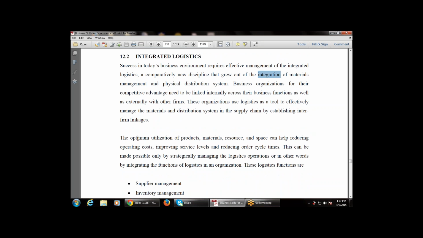So the optimum utilization of products, materials, resources and space can help in reducing operating cost, improving service levels and reducing the order cycle times.